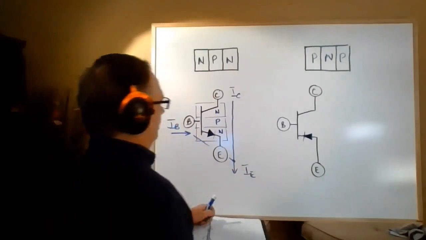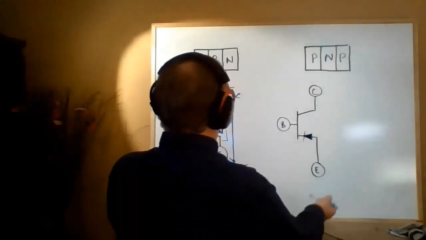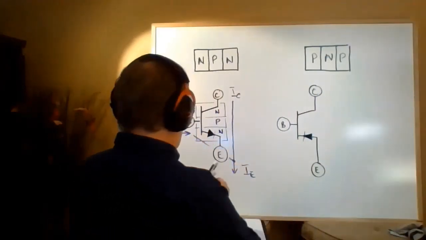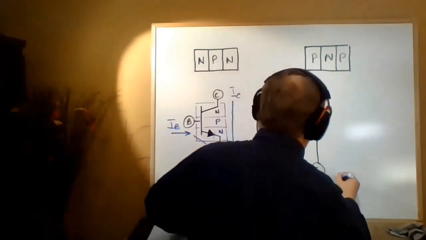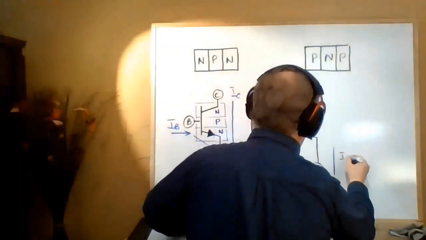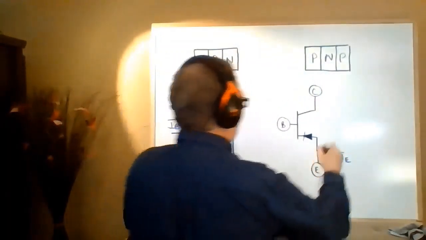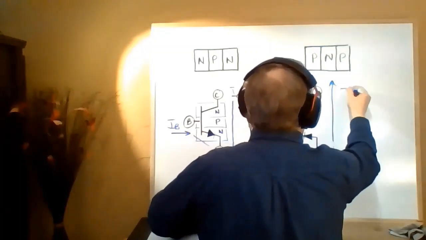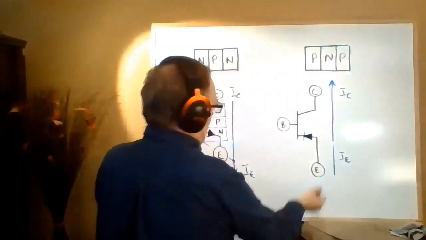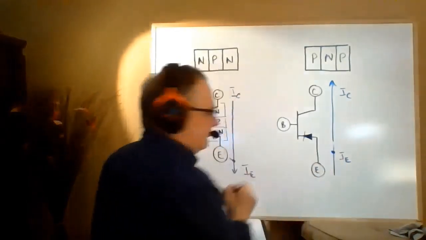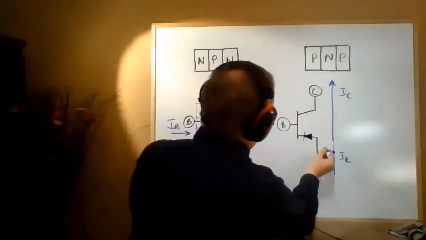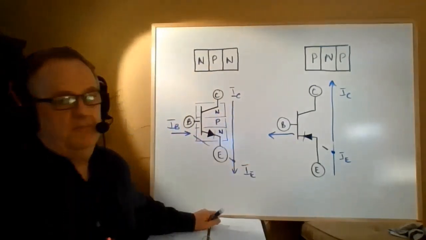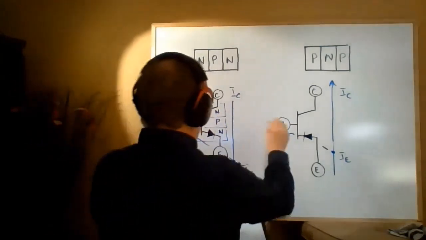The other thing that happens though is when these are connected in a circuit, they're actually connected a little differently, and the current actually comes in to the emitter. So I of E comes in, it goes through, and then it goes out as I of C. And some of that current splits off as it goes through the transistor, and goes out as I of B, but flowing out of the base instead of into the base.